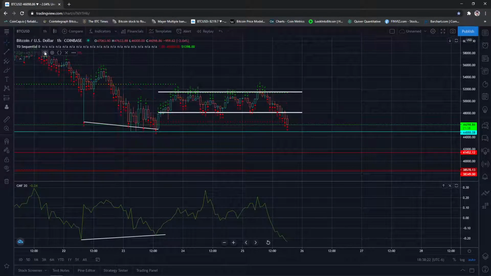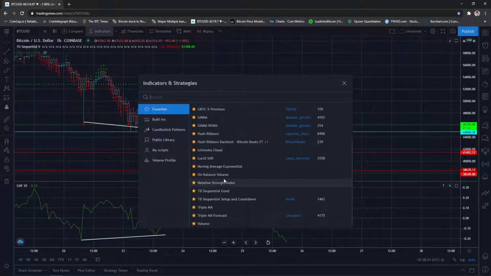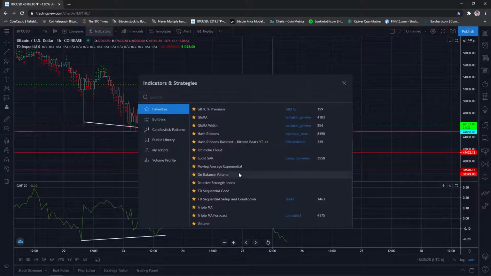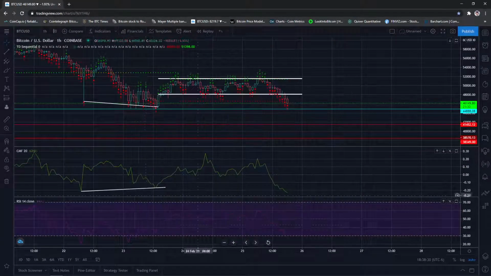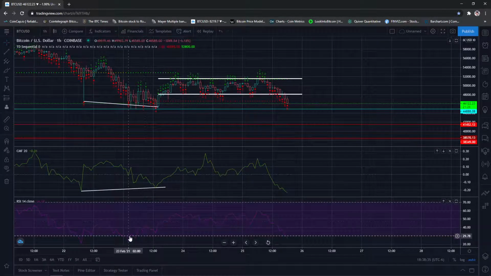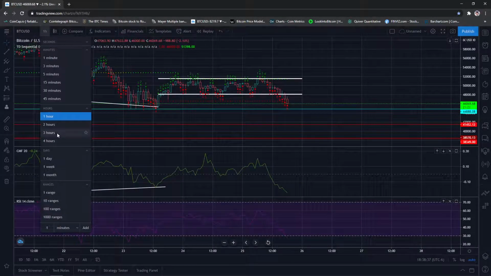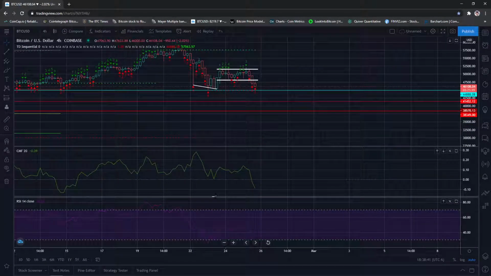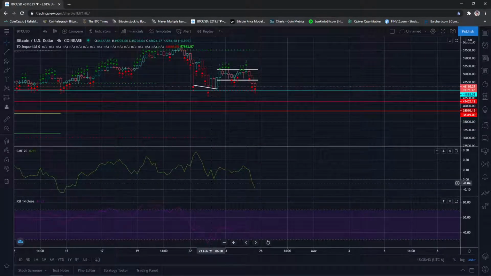And then on top of all that, I'll bring up the RSI again. On top of all that, we had oversold, bounced a little bit, and then oversold again. Let's see what it came out on the 4-hour. Get rid of this. And the 4-hour also, well, it didn't really match on the CMF, but it did on the RSI.